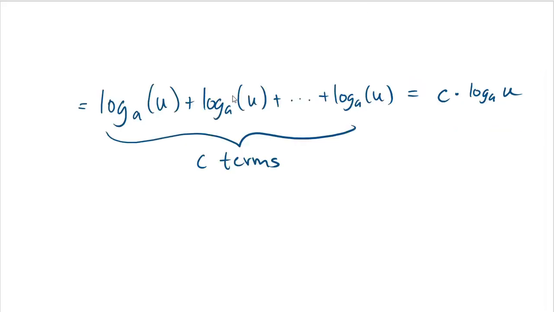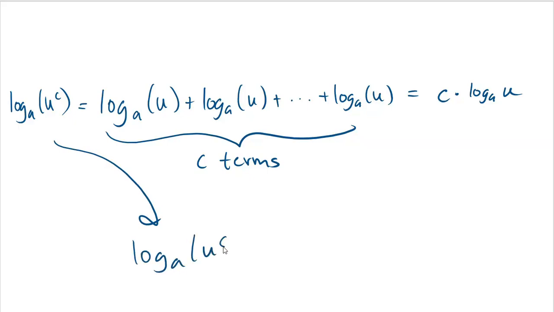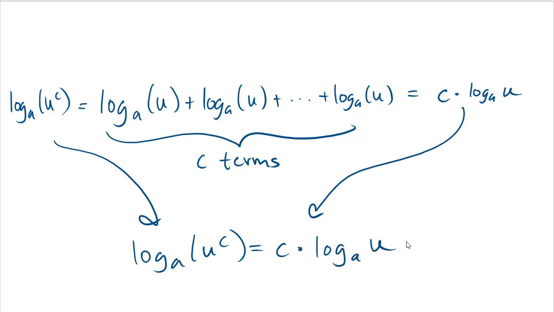Well, here I'm adding c copies of log base a of u, so I would multiply all of those u's together, and I'd have u to the c power, because there are c copies of u. Well, this sum is equal to log base a of u to the c, and it's also equal to c times log base a of u, so those two expressions must be equal to each other. Now again, that's not a formal argument, and it really only works for values of c that are positive integers, but you can prove this is true for any value of c.